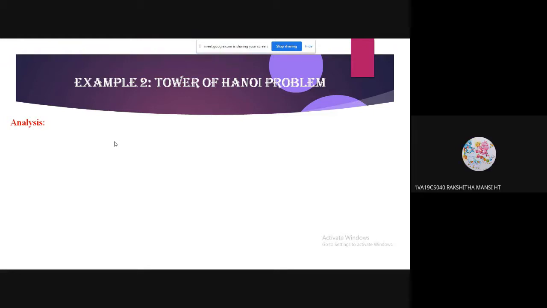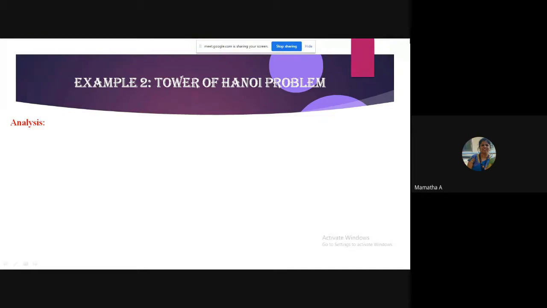No, ma'am. Why is it no? Why can I not take number of pegs as my input size? Ma'am, because number of pegs is constant for all the cases. Okay, number of pegs is constant, meaning any problem you take, number of pegs is only 3.